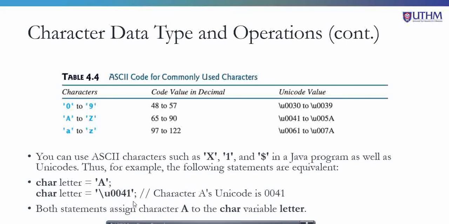Okay. Both statements assign character A to the char variable letter. So this is just to show you there's just another option lah. But normally we just stick to this one. No need to put the Unicode value sebab susah sikit lah.